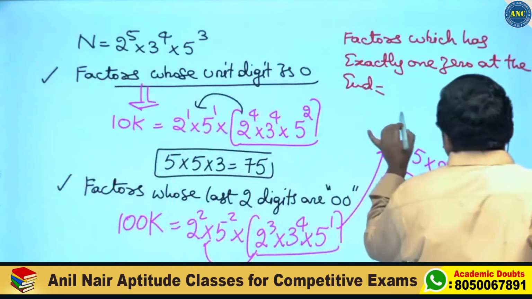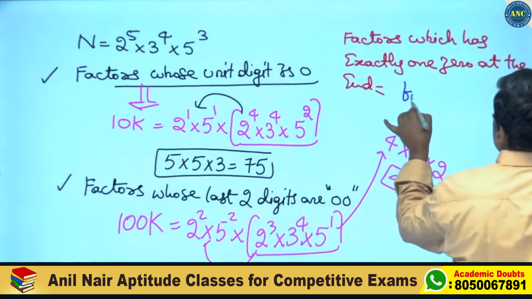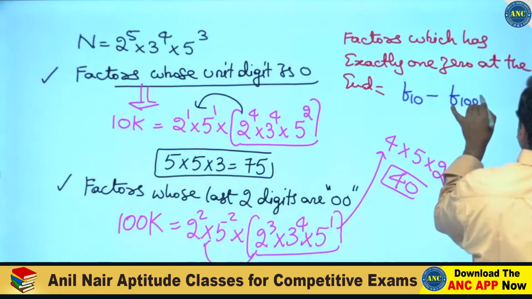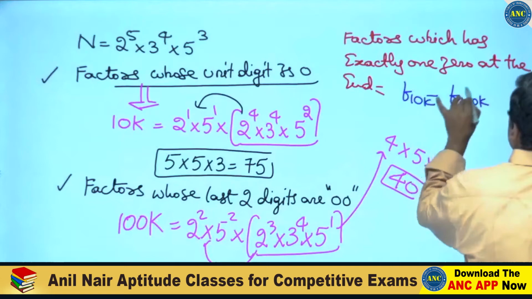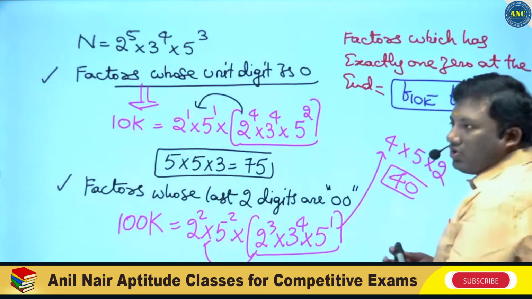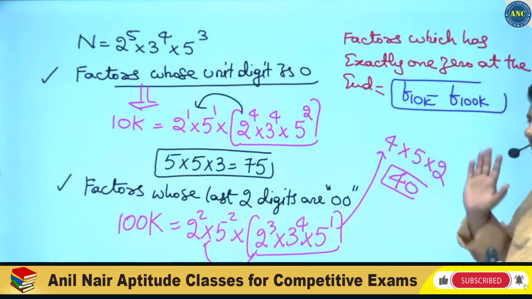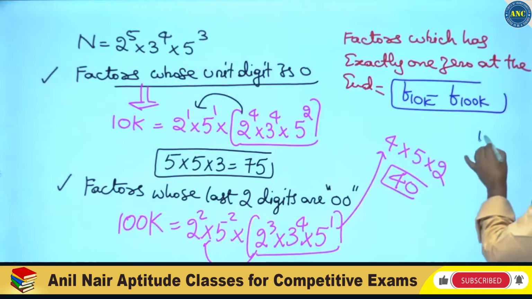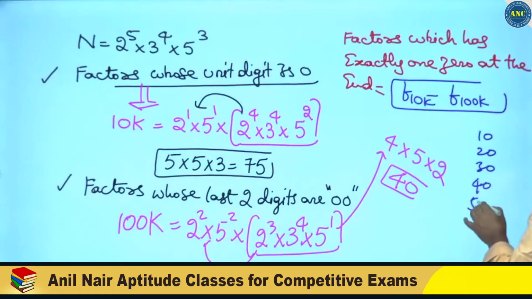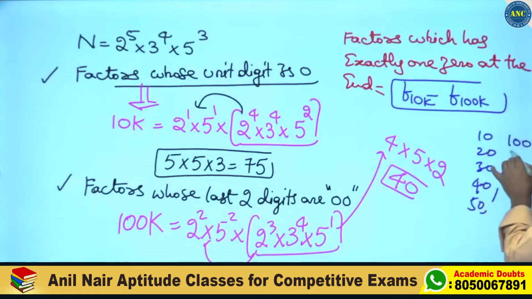Exactly one 0. That means it is factors which are multiples of 10, subtract the factors which are multiples of 100. Because if I subtract the factors which are multiples of 100, 2 zeros, 3 zeros, everything will go away. Factors which are multiples of 10 are 10, 20, 30, 40, 100, 110, 120, 200 and so on.